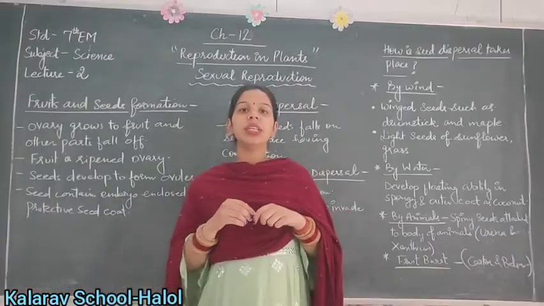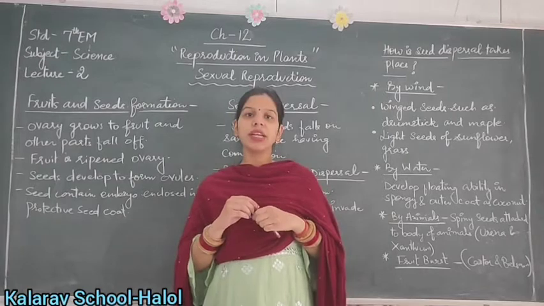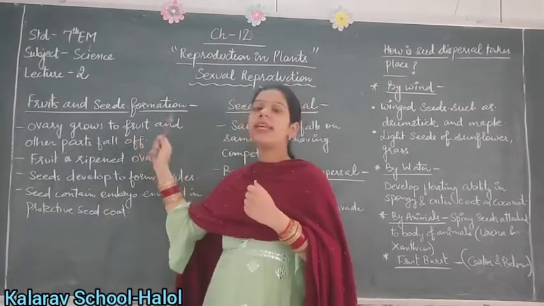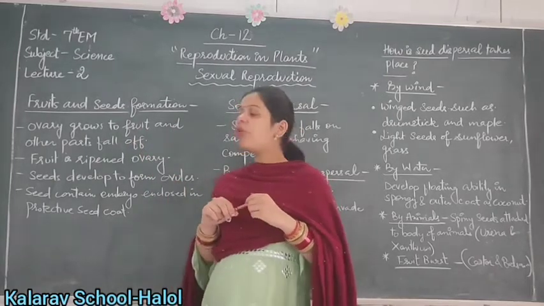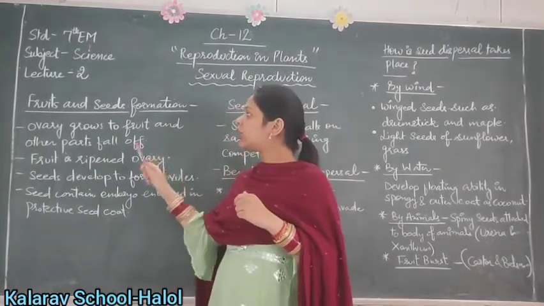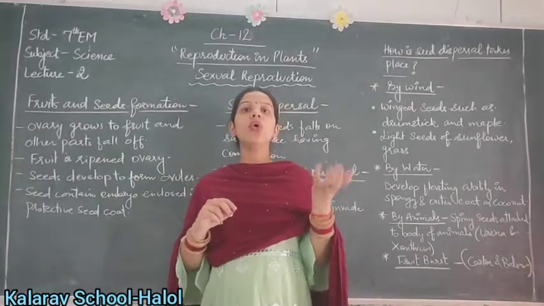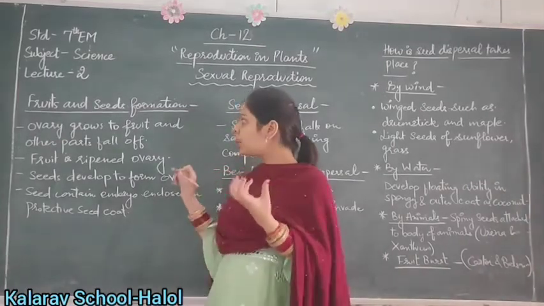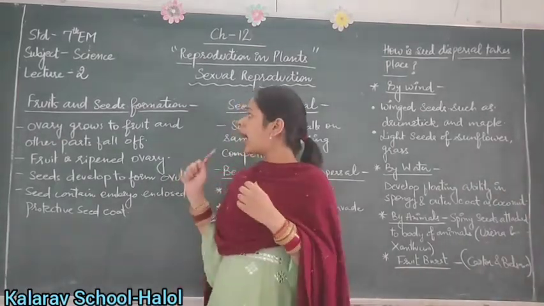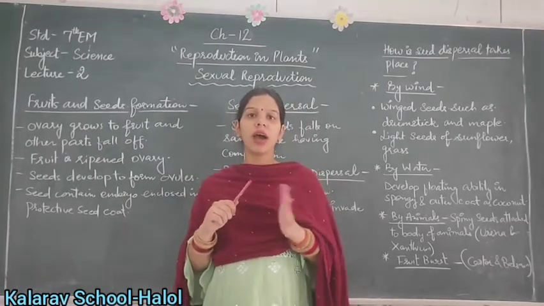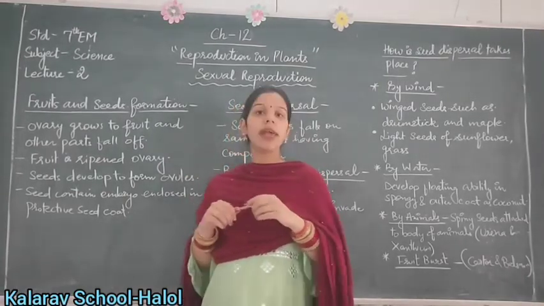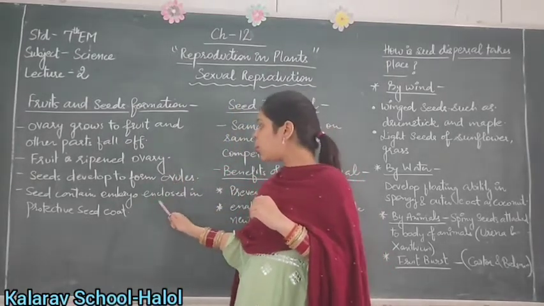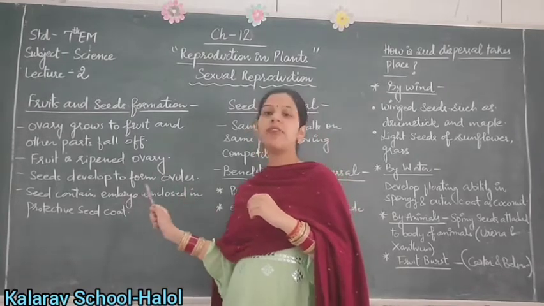Now the question arises, how does seed dispersal take place? After pollination, fruit and seed formation occurs. The ovary grows into fruit and the other parts fall off. The ripened ovary is called fruit. The seed develops from the ovules, and the seed contains an embryo enclosed in a protective seed coat.